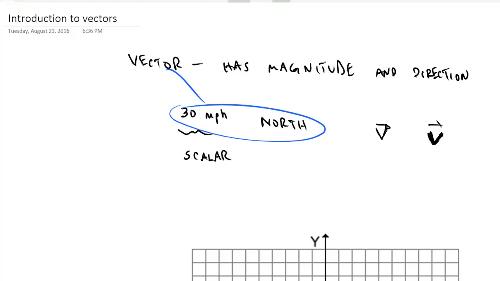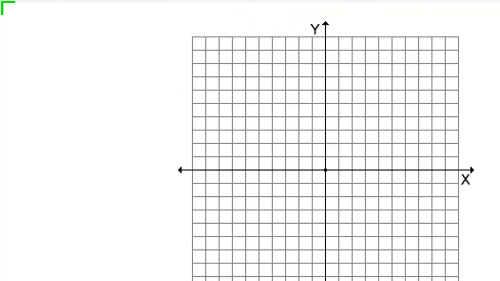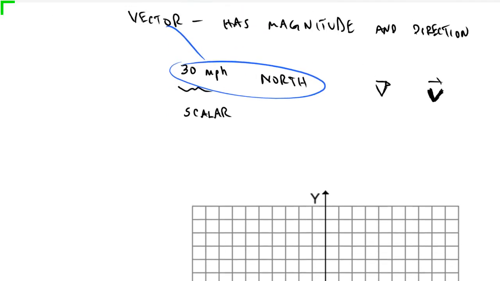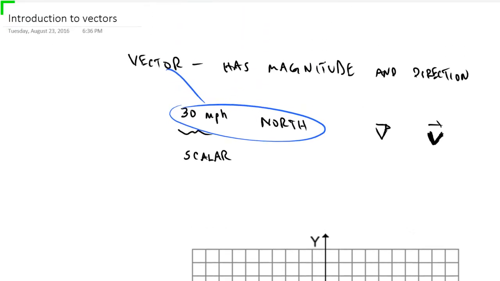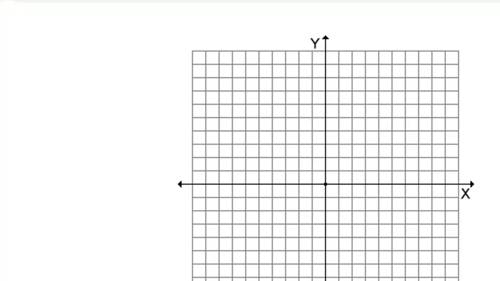So let's talk a little bit about vector notation here as well. Let's say we have a vector, and vectors describe where something moves, how far, and the direction it moves. Its location in space actually doesn't matter. We'll talk about this a little bit more here. So let's say we have a vector.